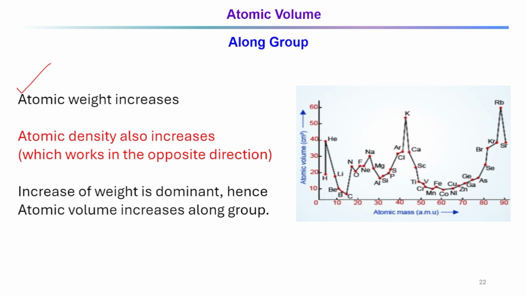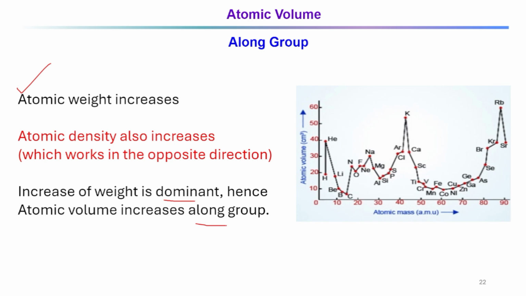Now we have seen that atomic volume equals atomic weight divided by density. Now atomic weight is increasing as well as density is also increasing, but the increase of atomic weight is dominant, that is more. Hence the atomic volume increases along the group. If we see along the group, we can see the atomic volume will increase because of the increase in atomic weight.